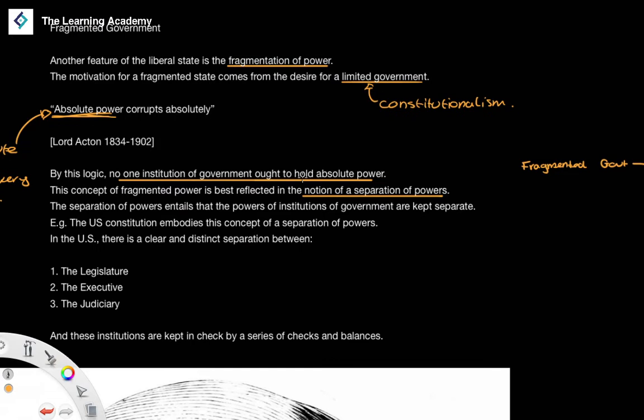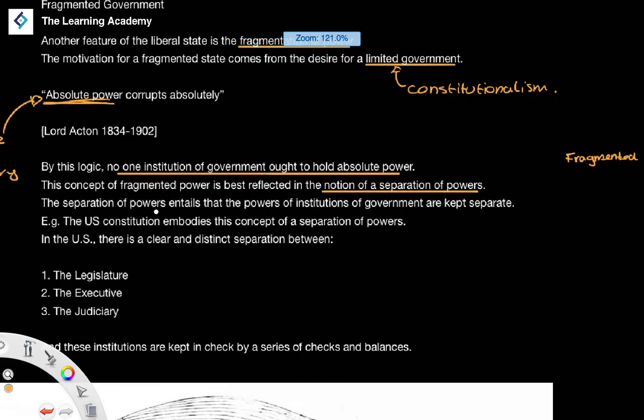And obviously, again, if we're going to refer back to the United States Constitution, a constitution that was developed very strongly on the basis of liberal ideas, the concept of separation of powers in the United States entails that the powers of institutions are kept separate.